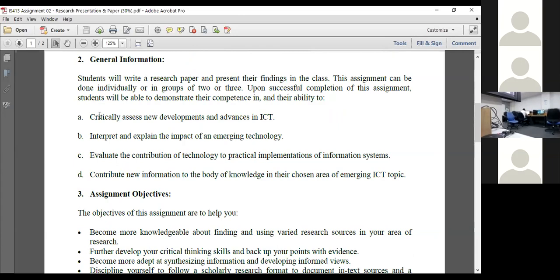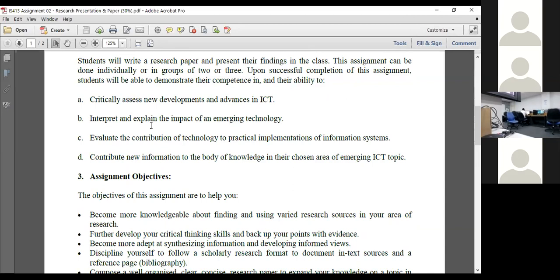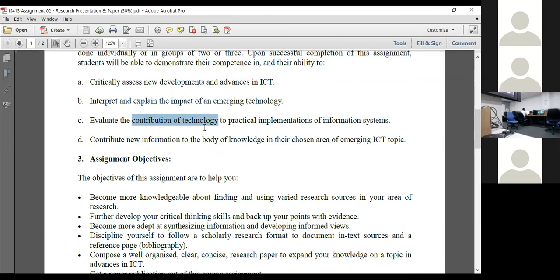The objective of this assignment is for you to be able to learn a new topic and learn it well, and be able to assess these new technologies and developments in ICT, explain the impact they will have on society, on business, and on individuals, and the contribution of this technology to the field of information systems.